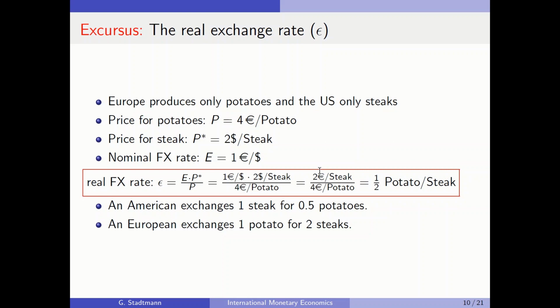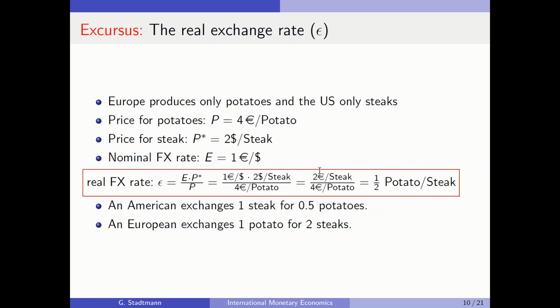The price for a steak, P star, is equal to $2 per steak. We frequently use this little star, like this asterisk, to symbolize foreign units. So the foreign price level is given by P star. The nominal foreign exchange rate is given by 1 euro for $1.